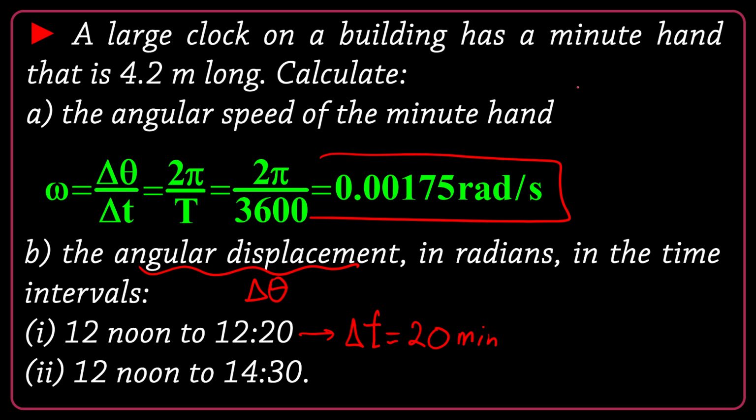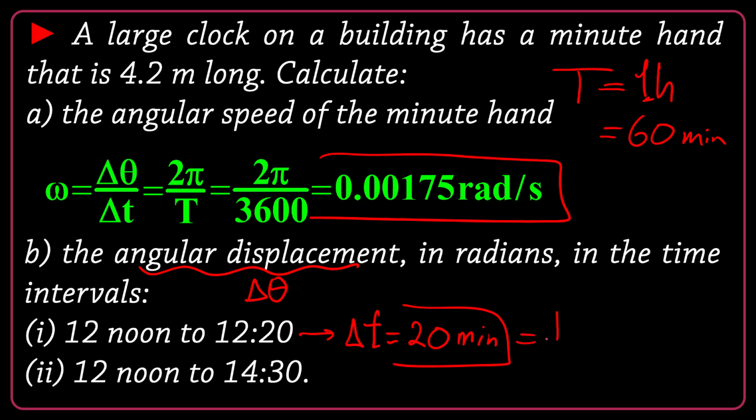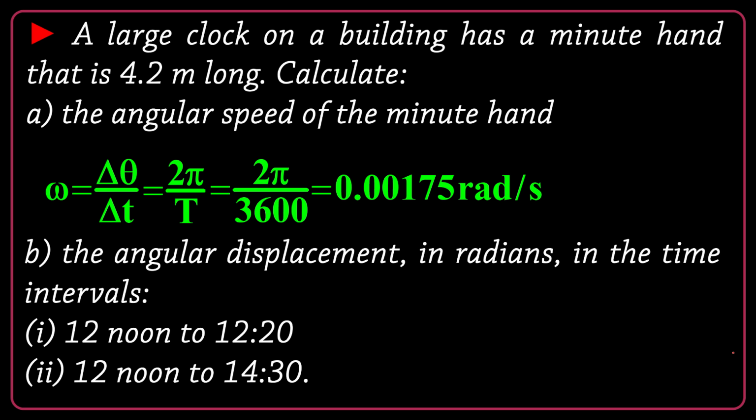Remember, the period for the minute hand is 1 hour, so it's 60 minutes. 20 minutes is a third of 60 minutes, so it's a third of the period. In one period, the minute hand goes 2π. So the answer for B-I is going to be a third of 2π.